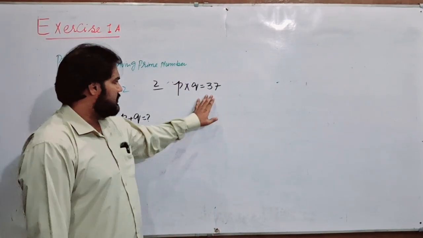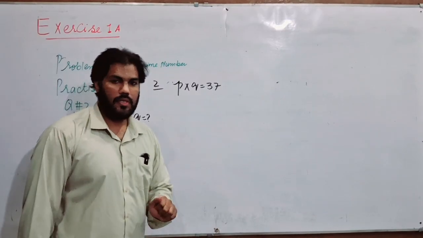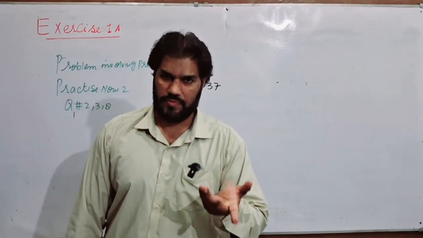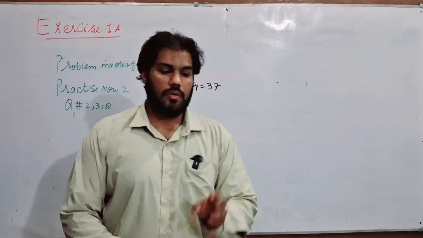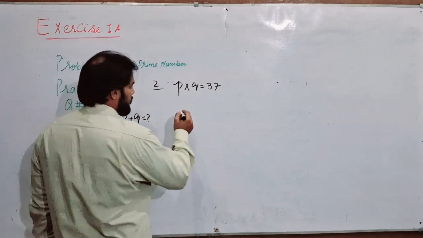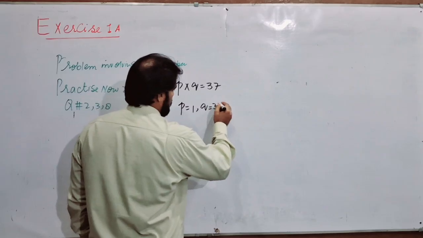As you know, 37 is a prime number. It means 37 has only two distinct divisors, two distinct factors, 1 and itself. It means you can take either P is equal to 1 and Q is equal to 37.